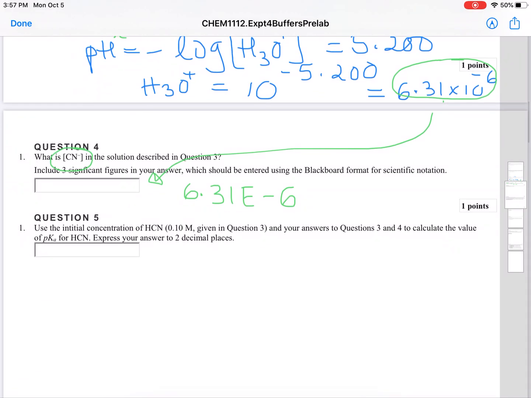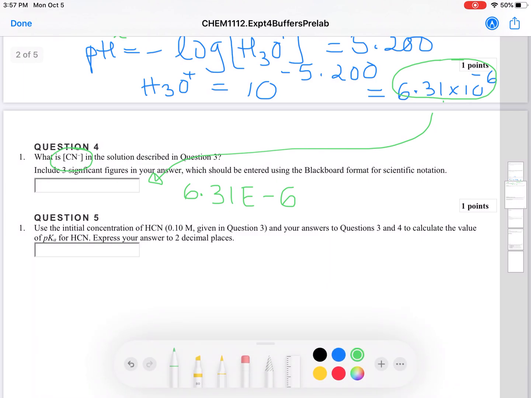Let me go ahead and write down this equation again. HCN with water giving you hydronium ion and cyanide ions. Okay, so hydrogen cyanide concentration is given to us as 0.1 molar. At the beginning we have hydrogen cyanide, nothing has been formed yet.